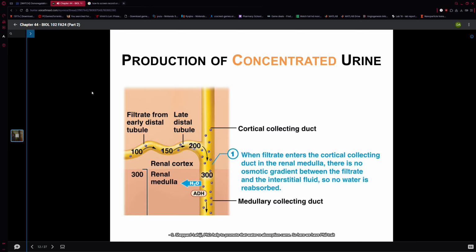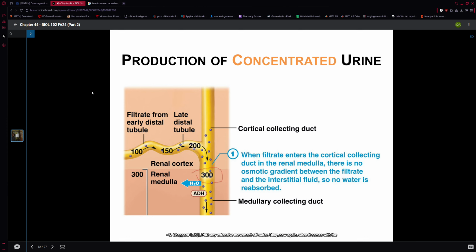Okay, so here we have filtrate that's entering into the collecting duct. At this point, there's not going to be an osmotic gradient in this region because we're not very deep into the kidney here, so there's not going to be any extensive movement of water.